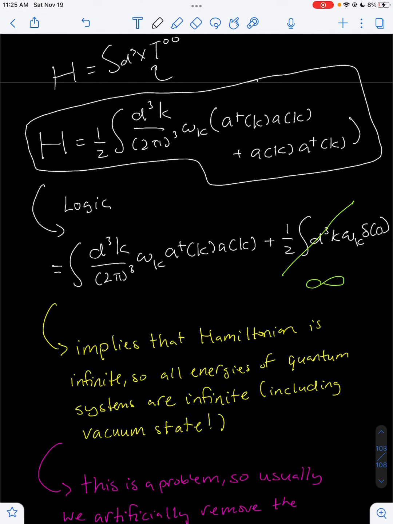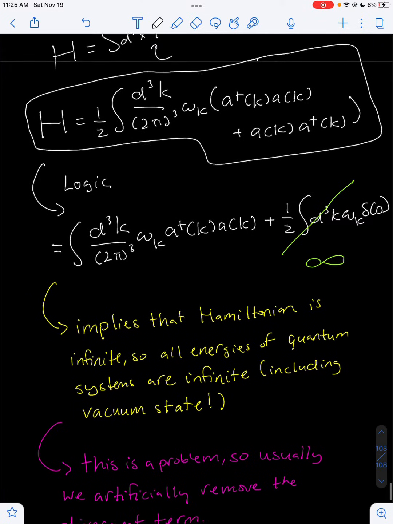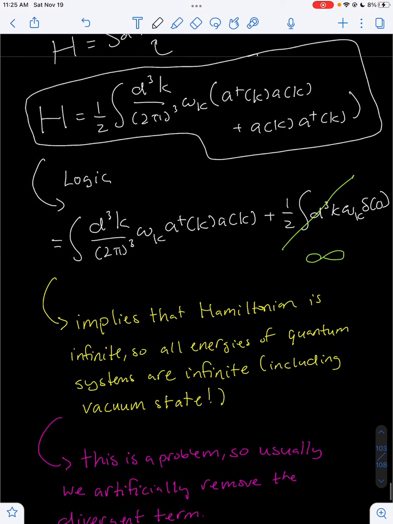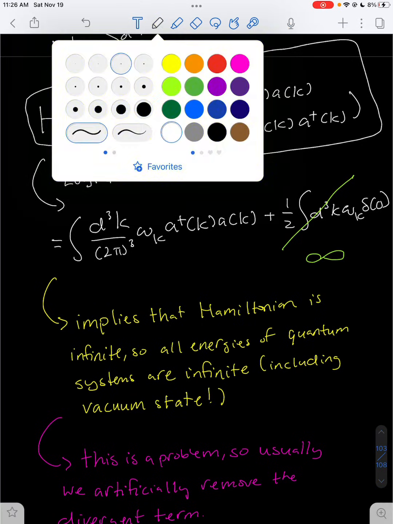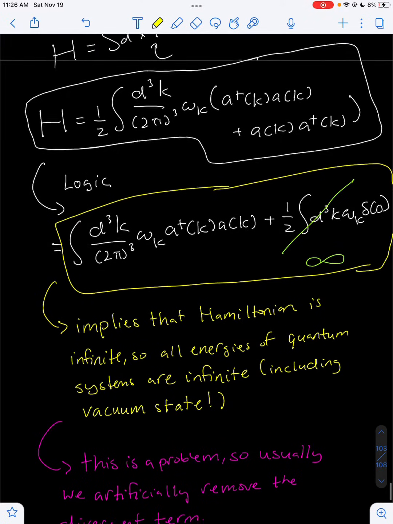This is analogous to what we did in the third video, where we wrote out the momentum operator in terms of the creation and the annihilation operators. And through some logical reasoning, we can find out that this Hamiltonian is going to be equal to this right over here by using the same steps that we used for the momentum operator.